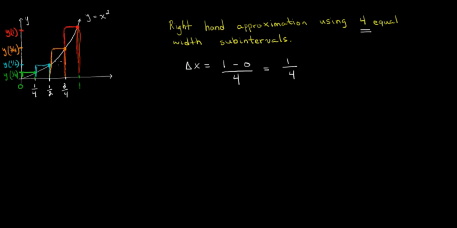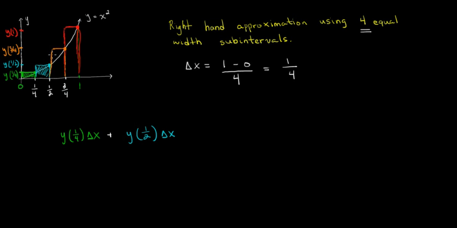So again, if I want to calculate the area, what I need to do is find the area of the first rectangle there, and that's simply y of 1/4 times delta x. And then we're going to go ahead and add the area of the second rectangle. And again, the area of the second rectangle would be the height, y of 1/2, times delta x.